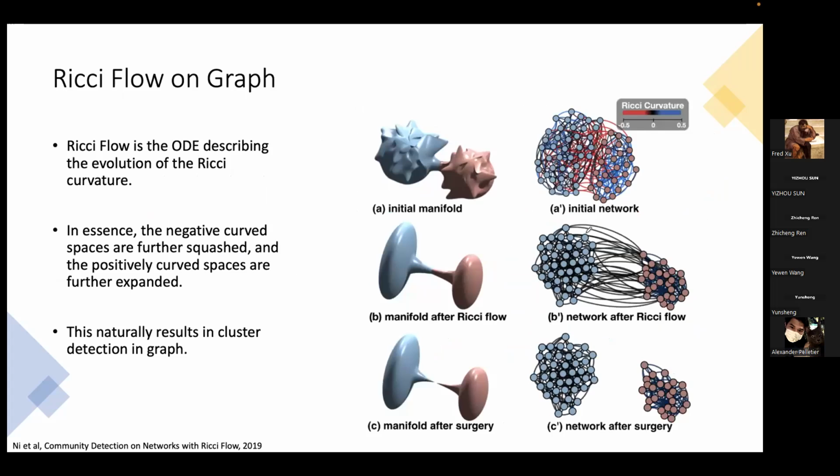And here is another explanation about the Ricci flow on graph. Ricci flow is basically an ODE that describes the evolution of the Ricci curvature. What it's doing is stretching the negatively curved part and augmenting the positively curved part.